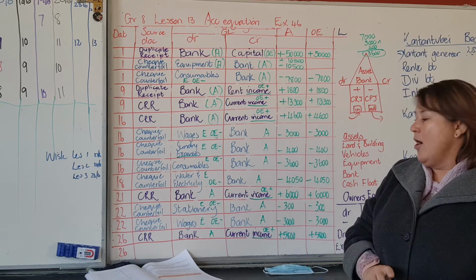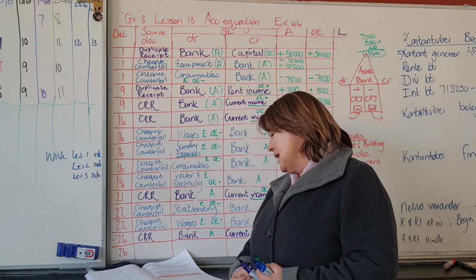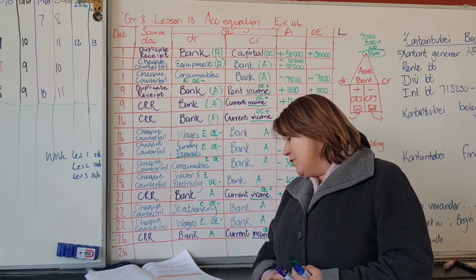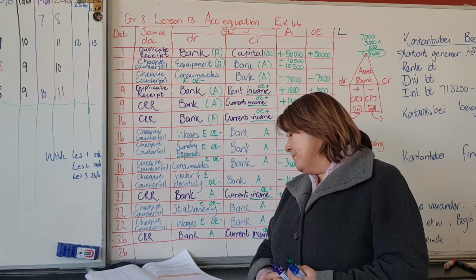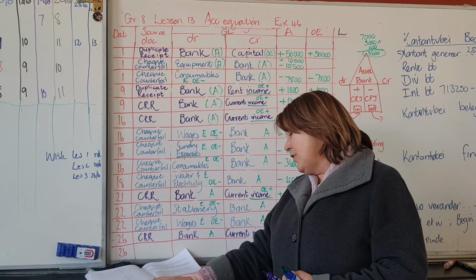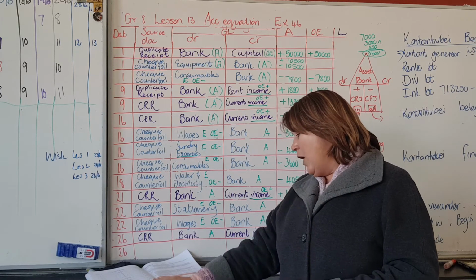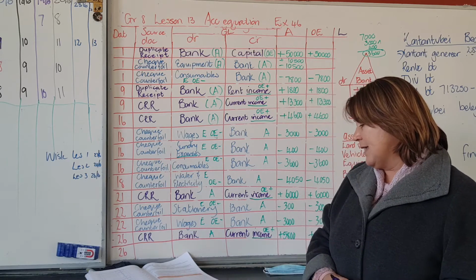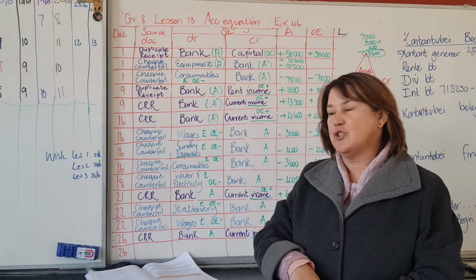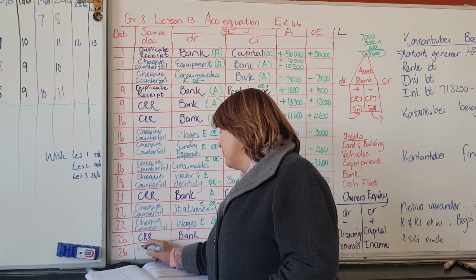Okay, then the last transaction said bought stationery. No, that's your second last one, sorry. Bought stationery to the value of 400 Rand from April and Son and paid by check. So yeah, you've paid by check.